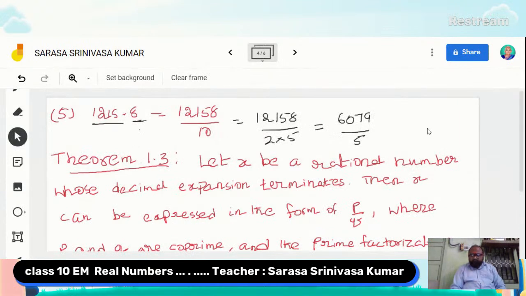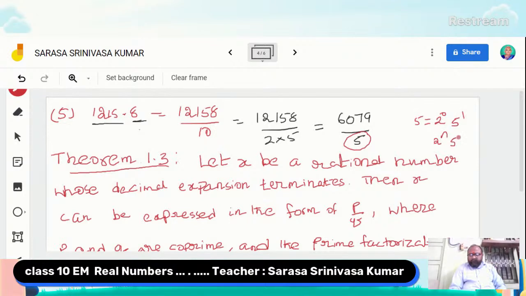The denominator 5 can be written as 5 equal to 2 power 0, 5 power 1. So that means this is of the form 2 power n, 5 power m. So this is the statement of the theorem.